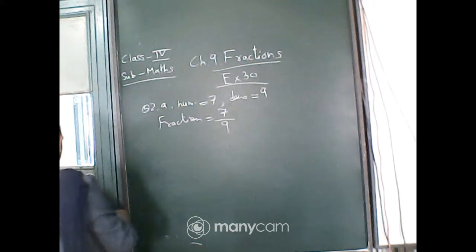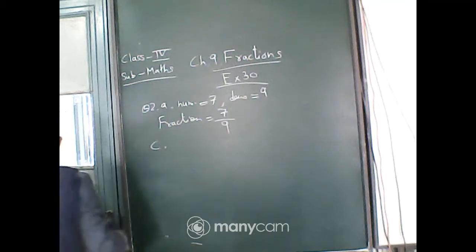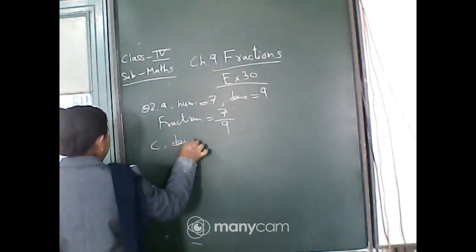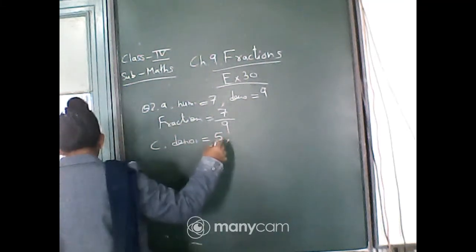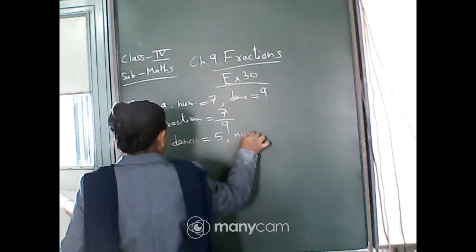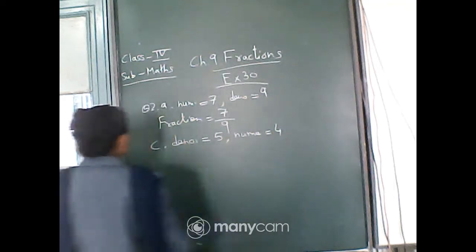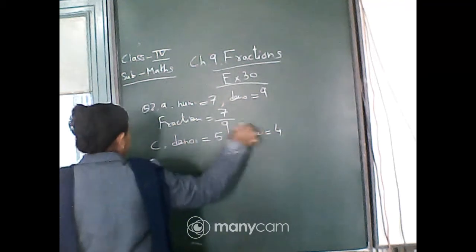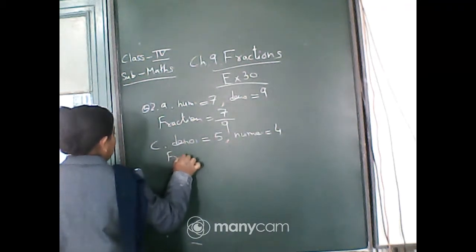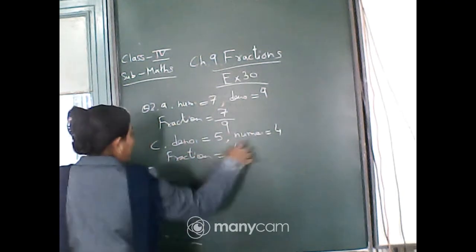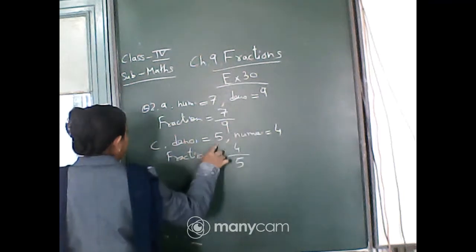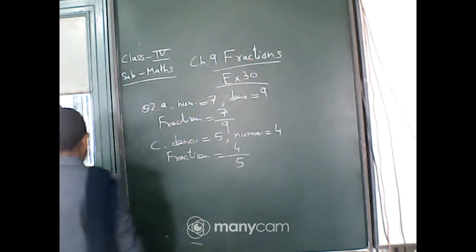Similarly, if I am doing number C, in number C, first the denominator is given 5 and then the numerator is given 4. So what will you write? Fraction is equal to 4 by 5, because numerator is 4 and denominator is 5. That is why 4 by 5.